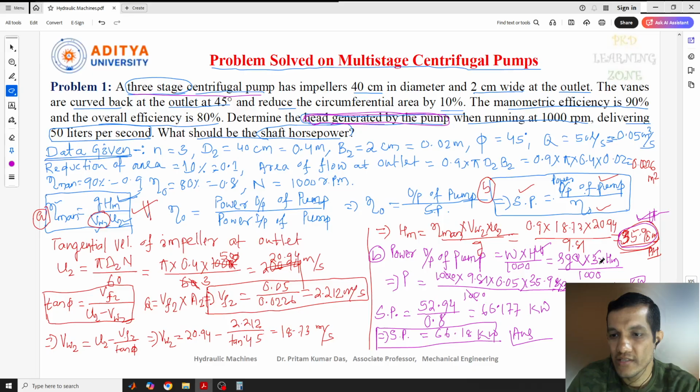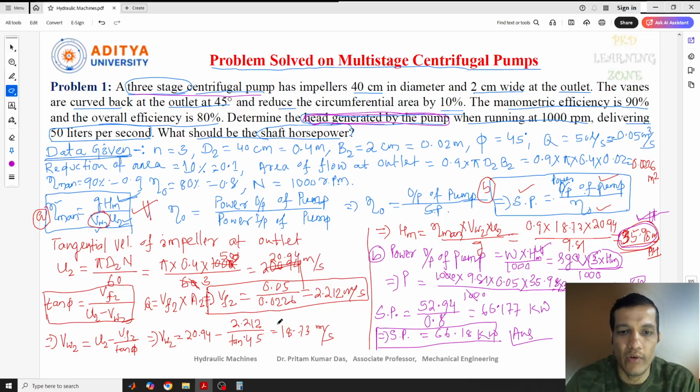So it is 3 into HM. Though we could also consider just HM, since it is given as multi-stage, we need to write 3 into HM. That's what I have written here: the total head generated by the pump equals 3 HM, and we got this value. I hope you understand how to solve this problem.